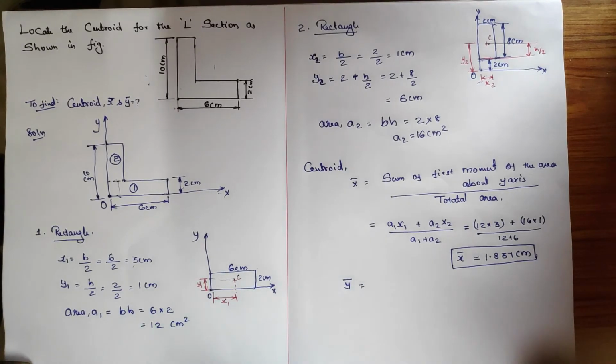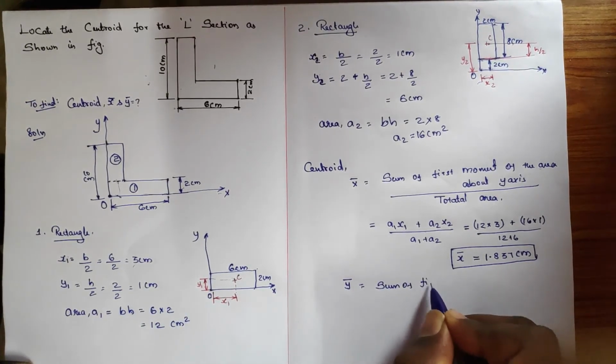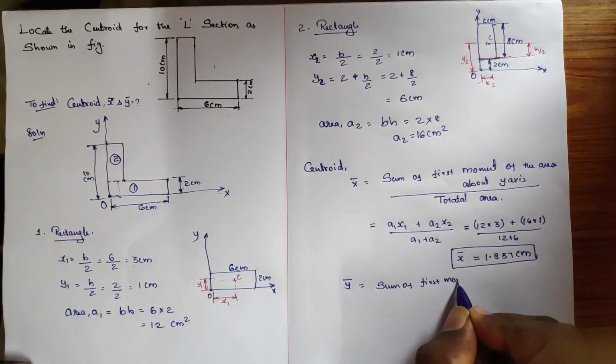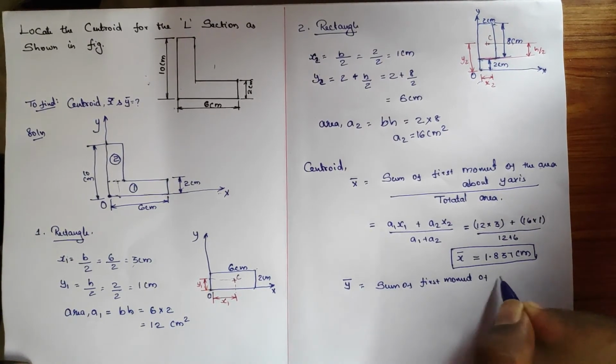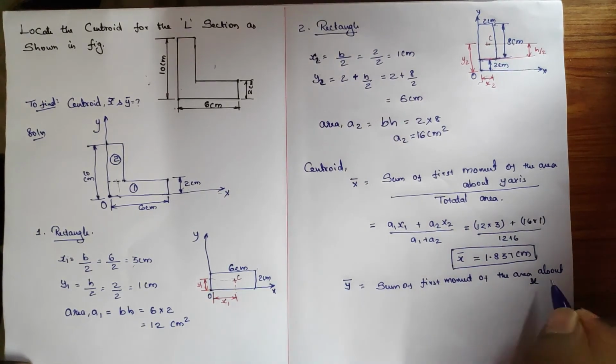Similarly, calculate it for y bar. Y bar is the sum of first moment of the area about, here it is not the y axis, it is the x axis. For y it's the x axis.